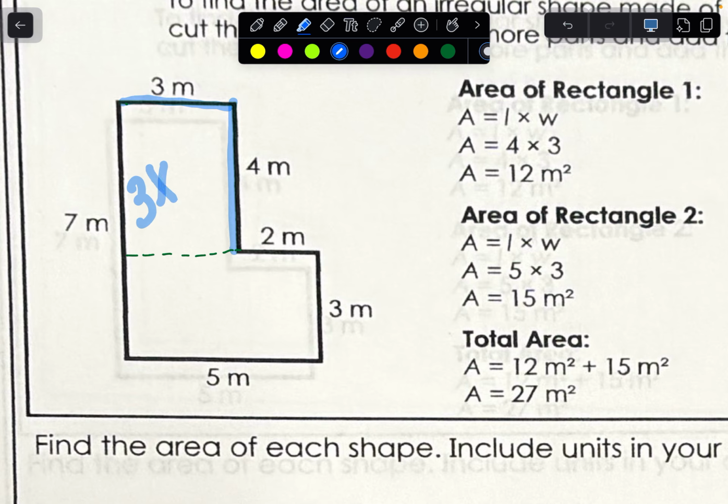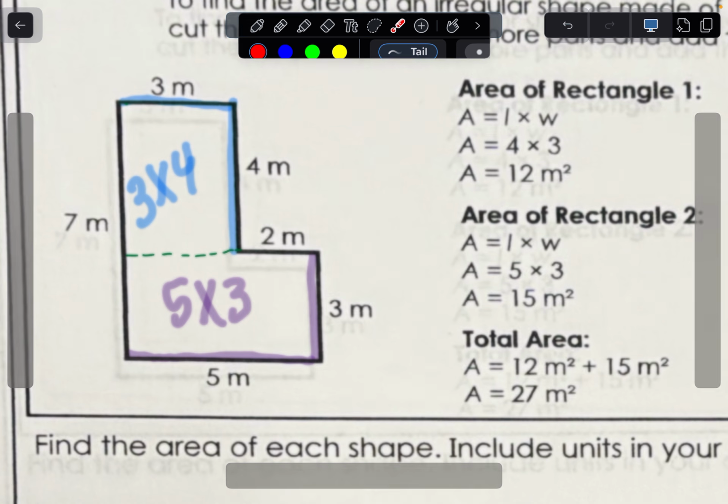This one is 3 by 4. Okay, so that piece right there is 3 by 4. Now, if you analyze this piece, you've got to use the 5 and the 3, and this piece is 5 by 3. So just be careful, because some of the measurements they give you might be the total side.